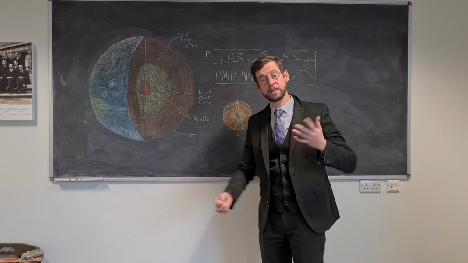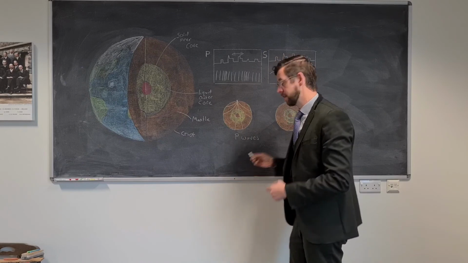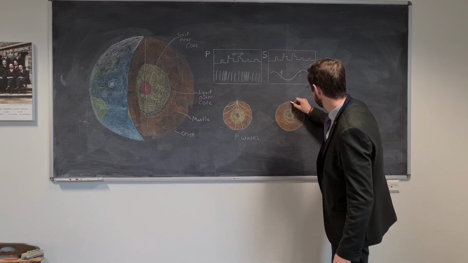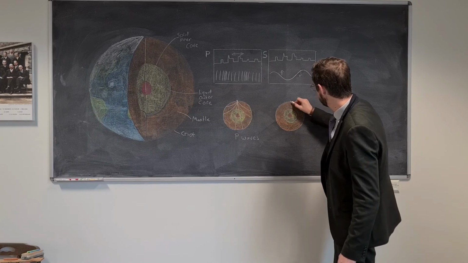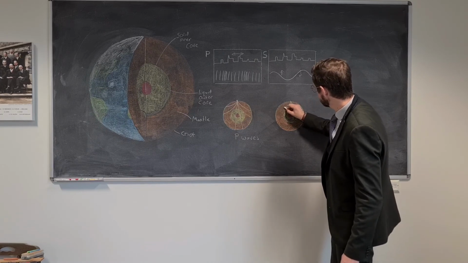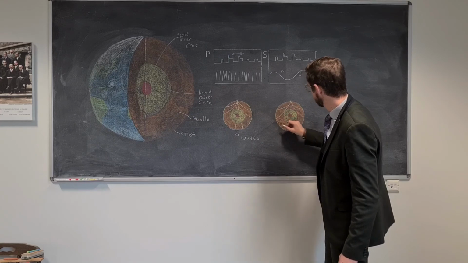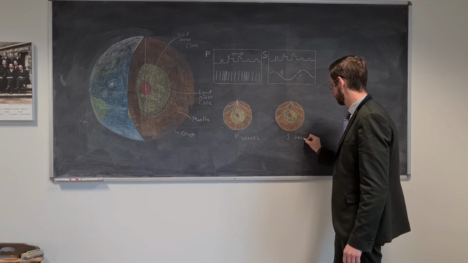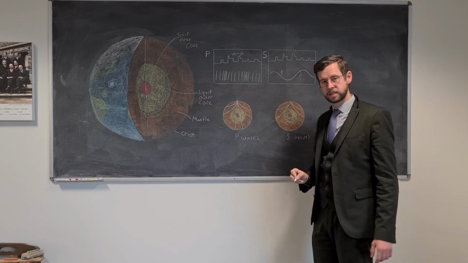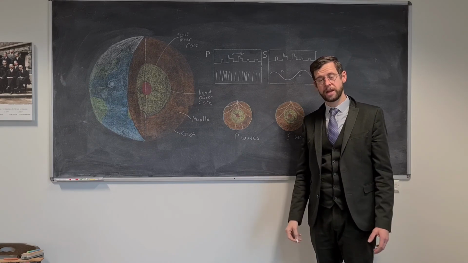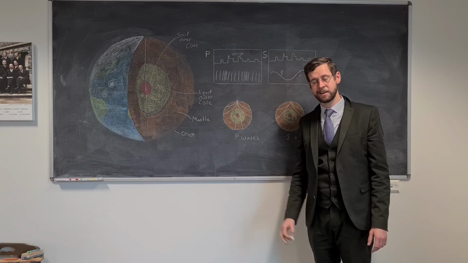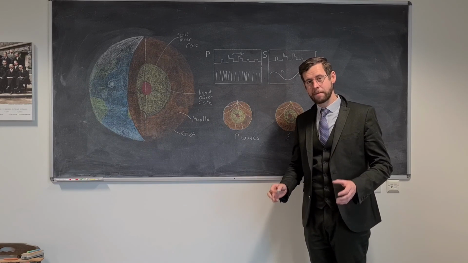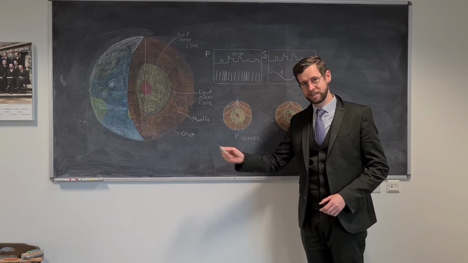It can move. And so it doesn't get into the liquid outer core of the Earth. In fact, what happens from our earthquake with the S waves is we detect them going through the Earth like this, but we don't detect any on the other side of the world. By setting up seismographs around the world, what we're able to do is listen to those sound waves travelling through the Earth and build up a picture of what is inside.